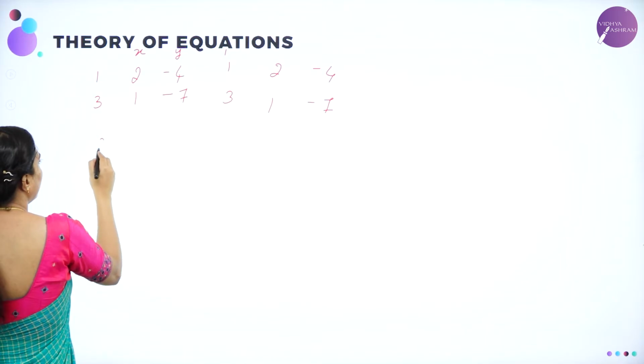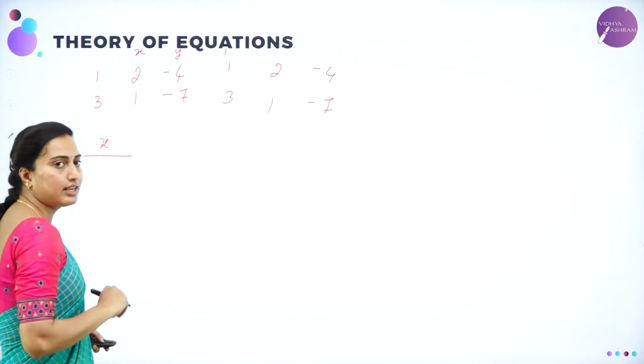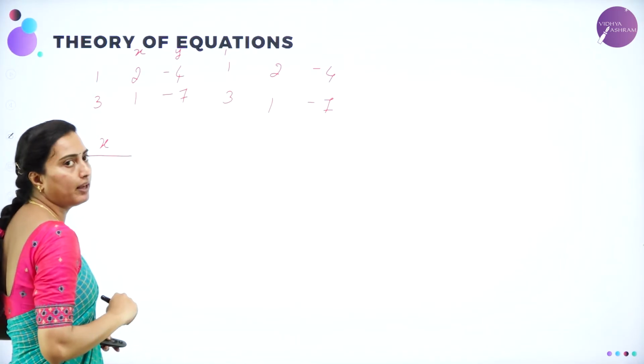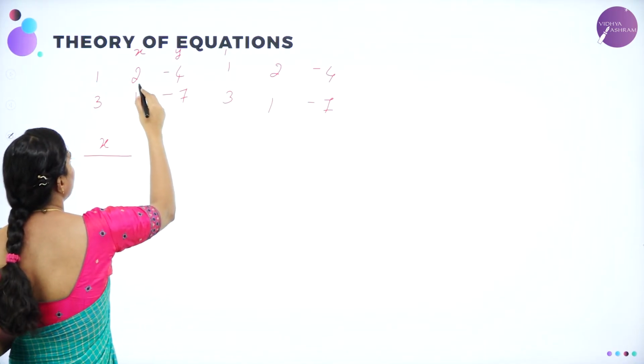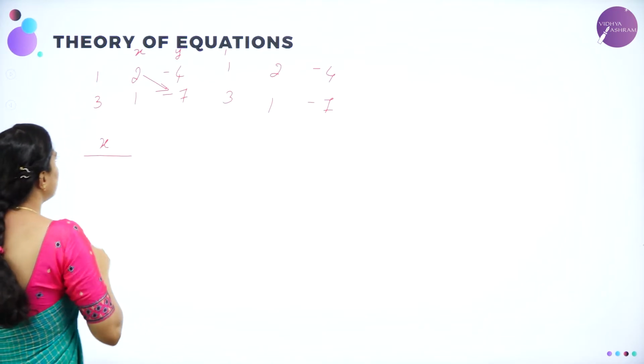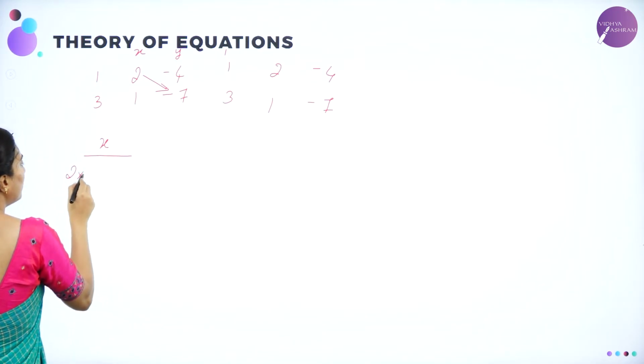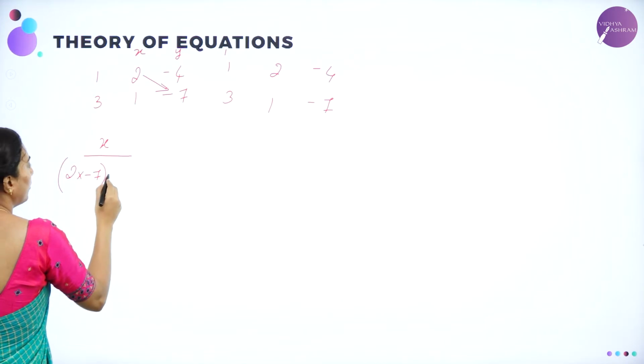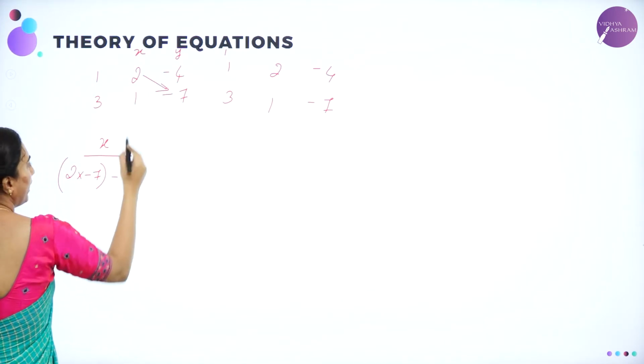So x divided by, which you are going to cross multiply: 1 into this one, first 2 into minus 7, as the arrow mark shows, 2 into minus 7 minus 1 into minus 4.